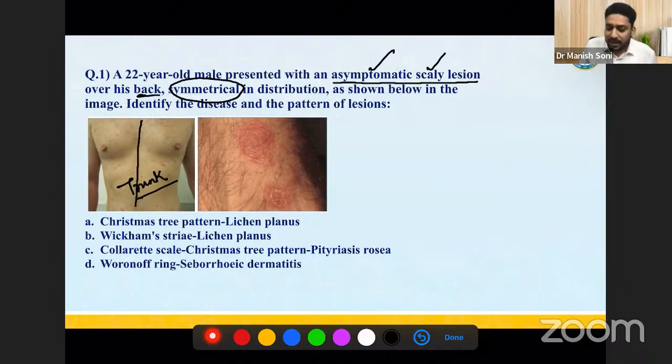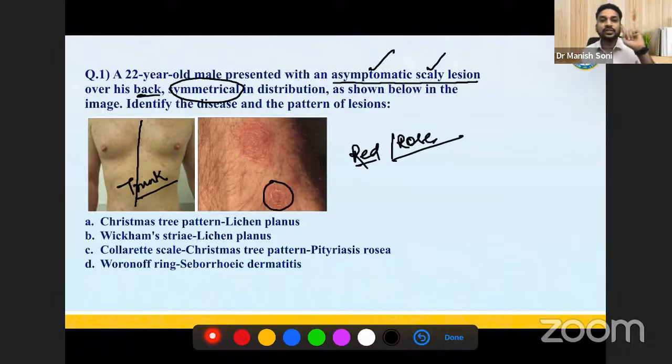These are slightly red, red like a rose, and they have scaling. But the scaling is very characteristic. Can you see the scaling here? It is not like psoriasis, which is silvery white. Silvery white scaling is seen in psoriasis, but it generally occurs over extensors like the knee, elbow, and back.